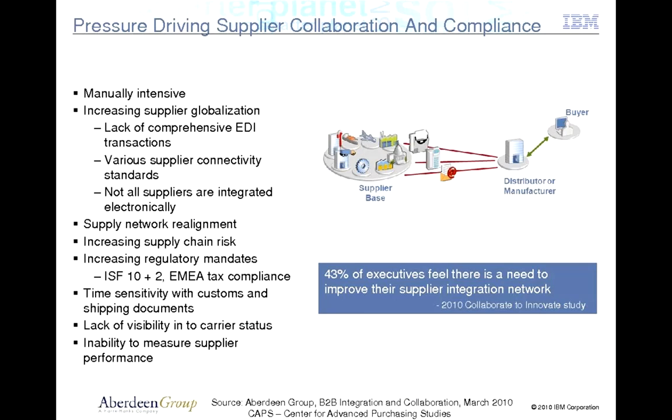So on this particular chart, we're highlighting the pressure, right? What's happening with supplier collaboration and compliance. Well, we're also going to highlight the fact that there are many challenges. Again, when we start talking about the interaction within the trading partner network, there's electronic communication. What we find is a lot of it within the collaboration, right, it's manually intensive.